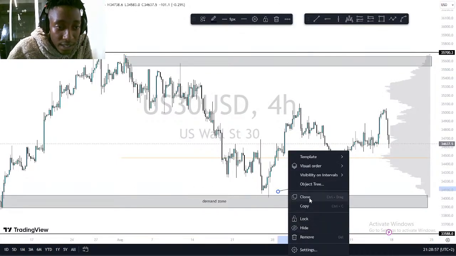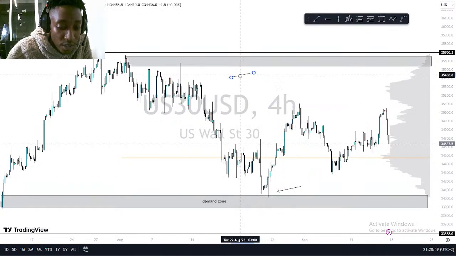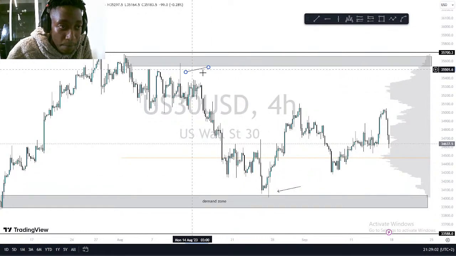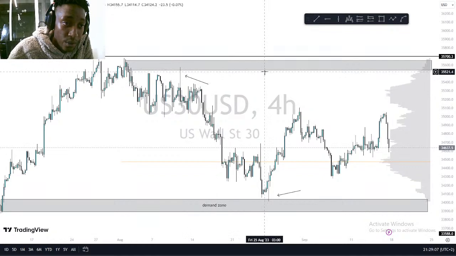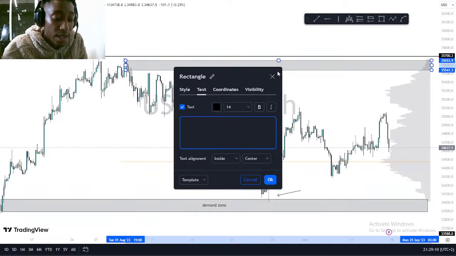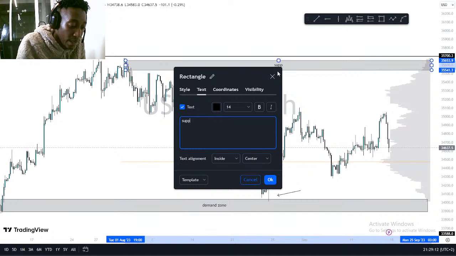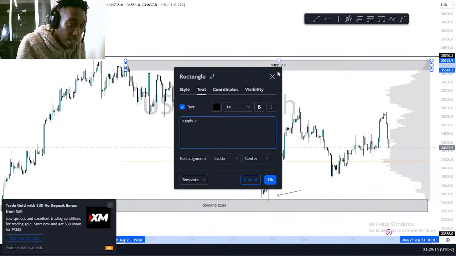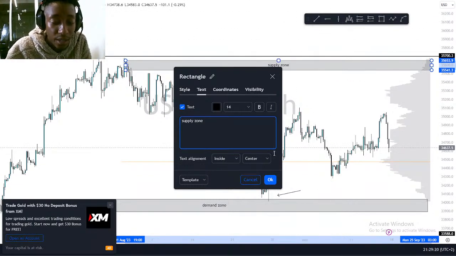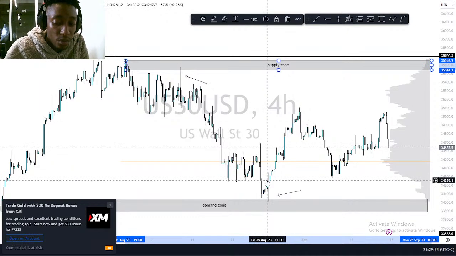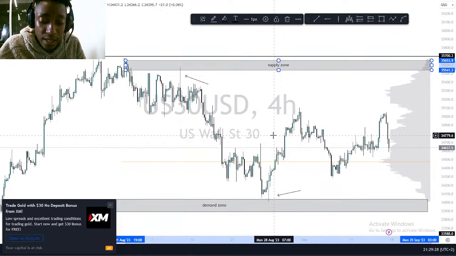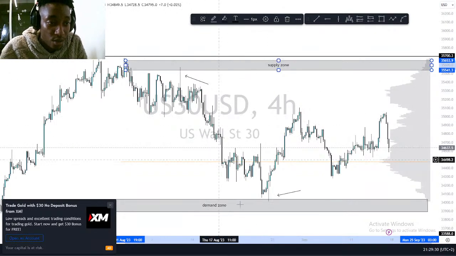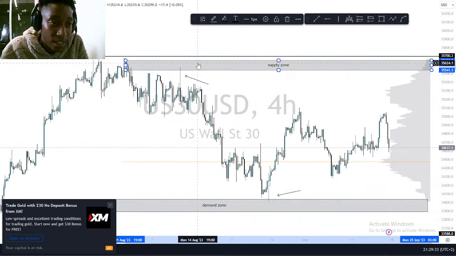Exactly there is where we were supposed to take our sniper sells. So our supply zone and our demand zone were both mitigated.